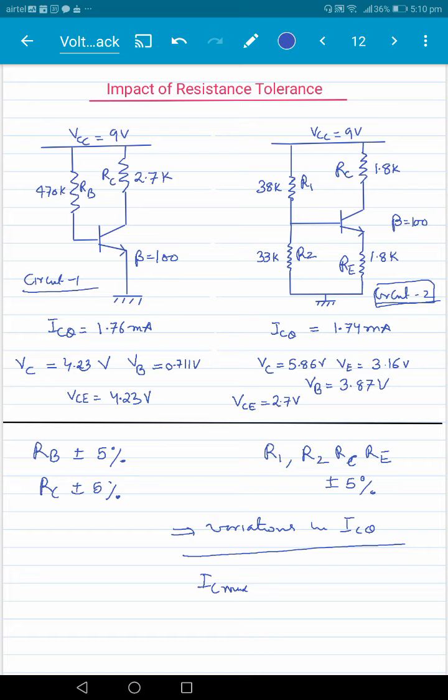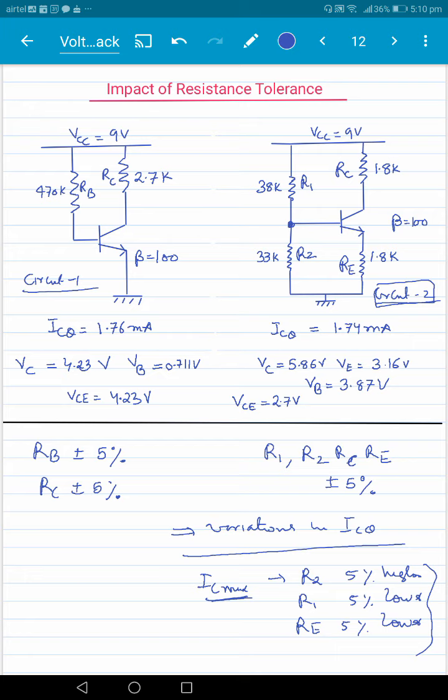Well, the maximum IC you will get if you take R2 5% higher, R1 5% lower, because what it will do is make the base voltage maximum, and then you take RE 5% lower, and the effect of RC is negligible. So if you take this combination, you will get IC maximum.